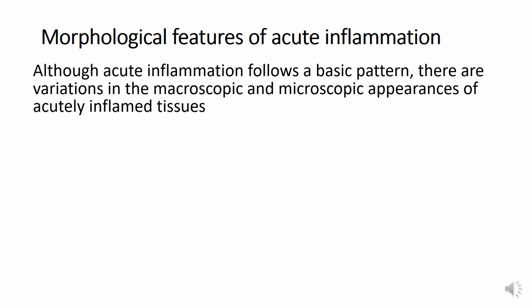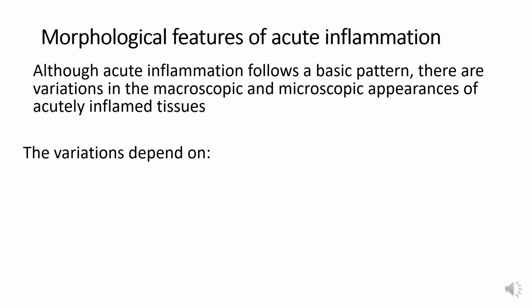So we are saying that whereas its nature is the same, and it is not dependent on what is causing it or the tissue involved, depending on the tissue structure, the macroscopic and microscopic appearances will not be the same, because all tissues are not the same also.